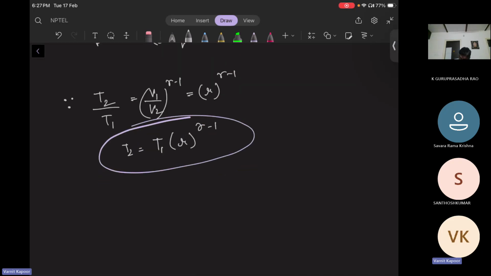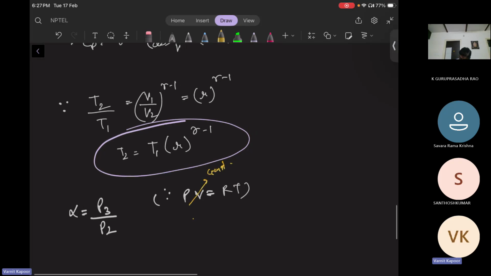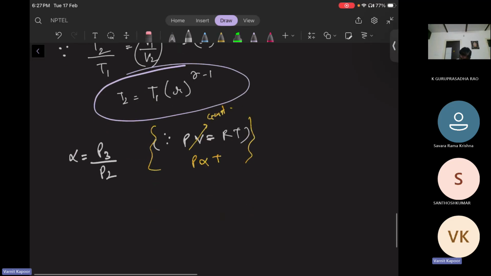Now again, T3 by T2: P3 by P2 is your explosion ratio, which we just defined, and it is a constant volume process. From the gas law PV equals RT, for a constant volume process, pressure is directly proportional to temperature. So alpha is nothing but T3 by T2.